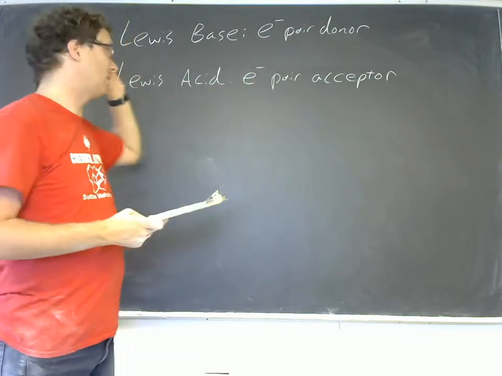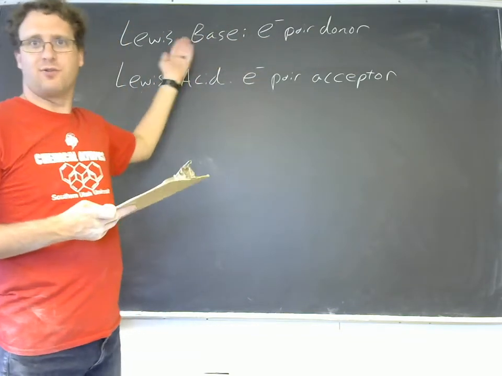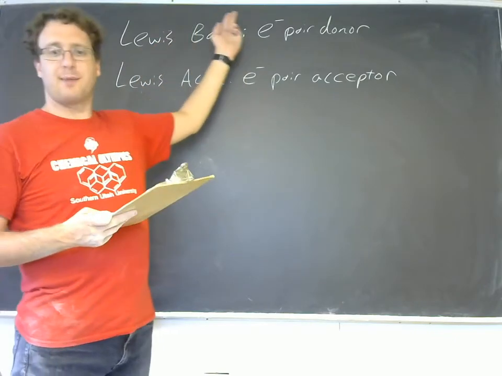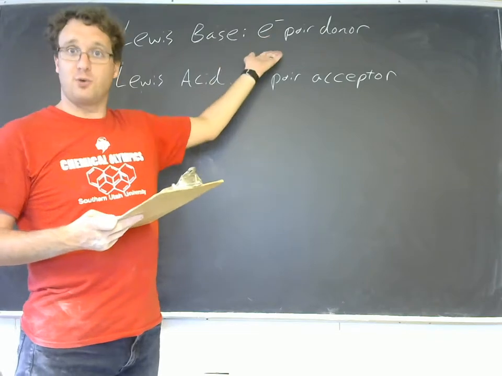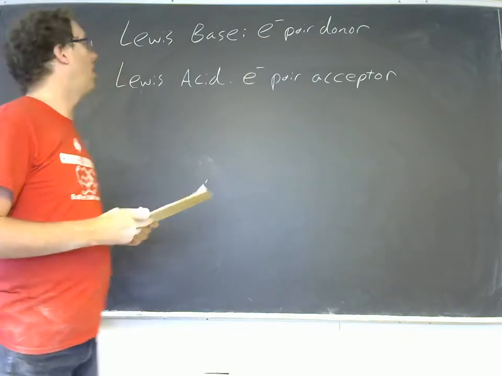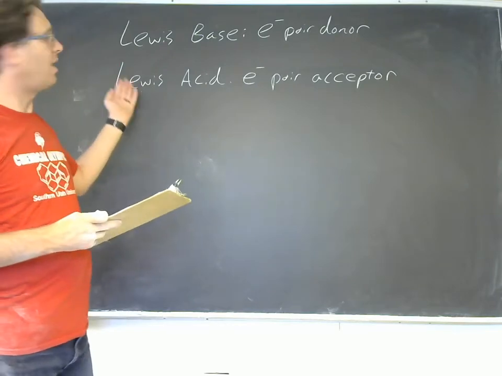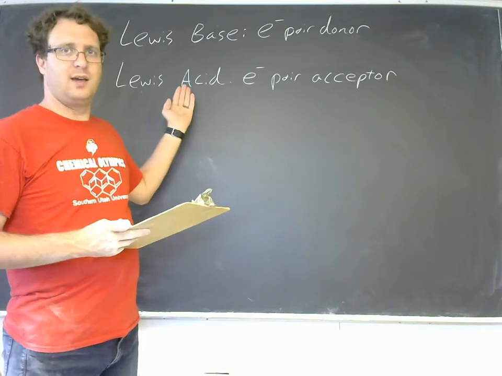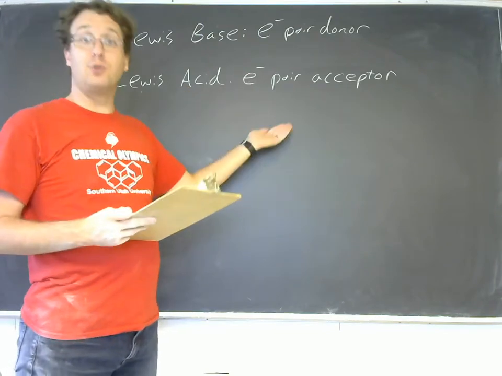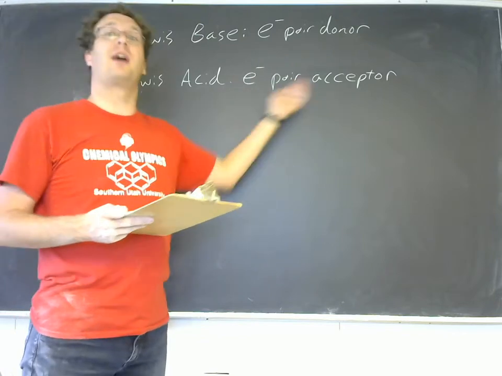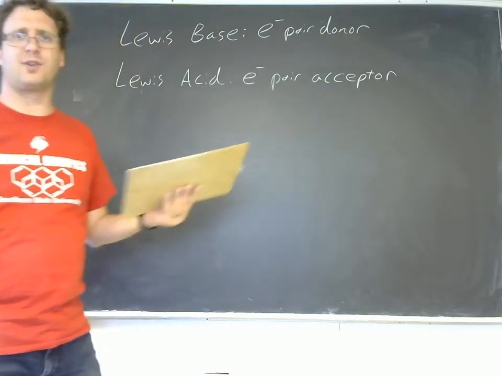Well, these are really consistent with each other so far because when a Bronsted-Lowry base accepts a proton, it does so by donating a pair of electrons to form that coordinate bond. When a Bronsted-Lowry acid is acting as a proton donor, well, that proton is going to end up accepting a pair of electrons, and so they're consistent with each other.